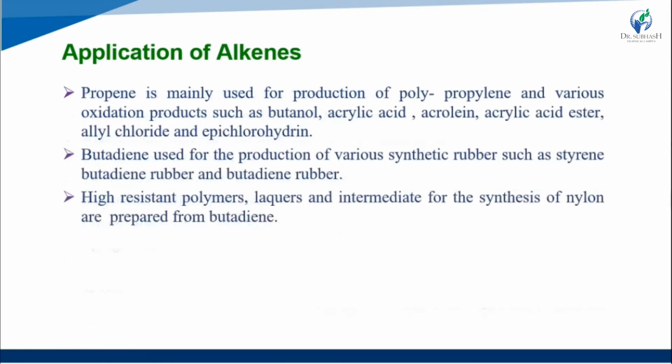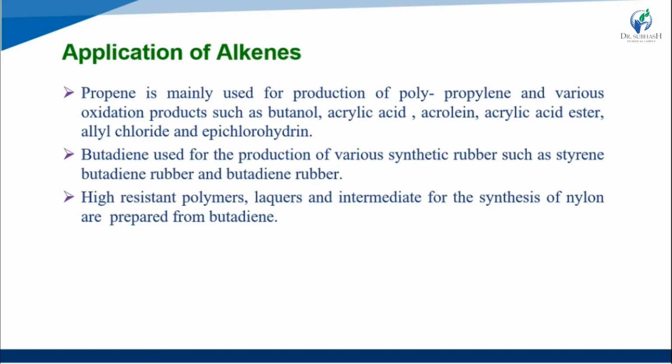Then the eighth one: propene is mainly used for the production of polypropylene and various oxidation products such as butanol, acrylic acid, acrolein, acrylic acid ester, allyl chloride and epichlorohydrin.